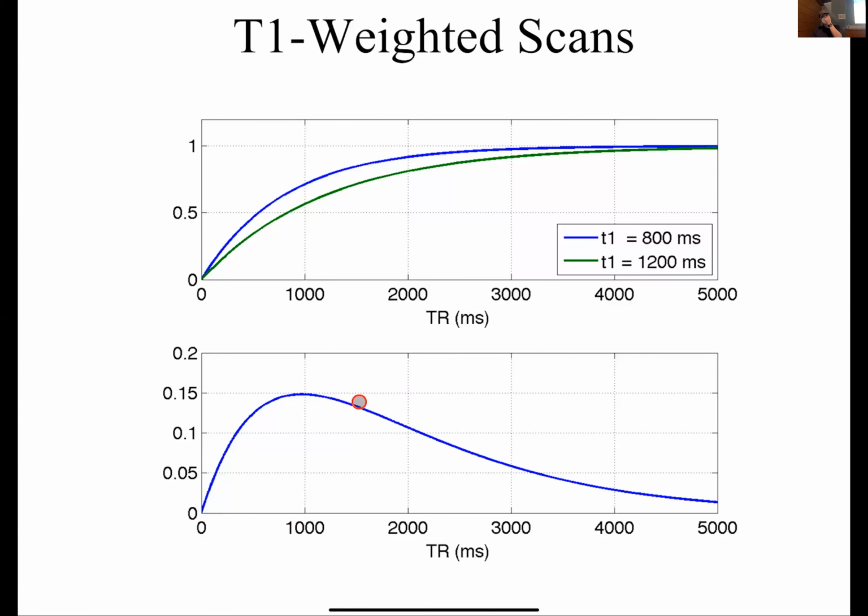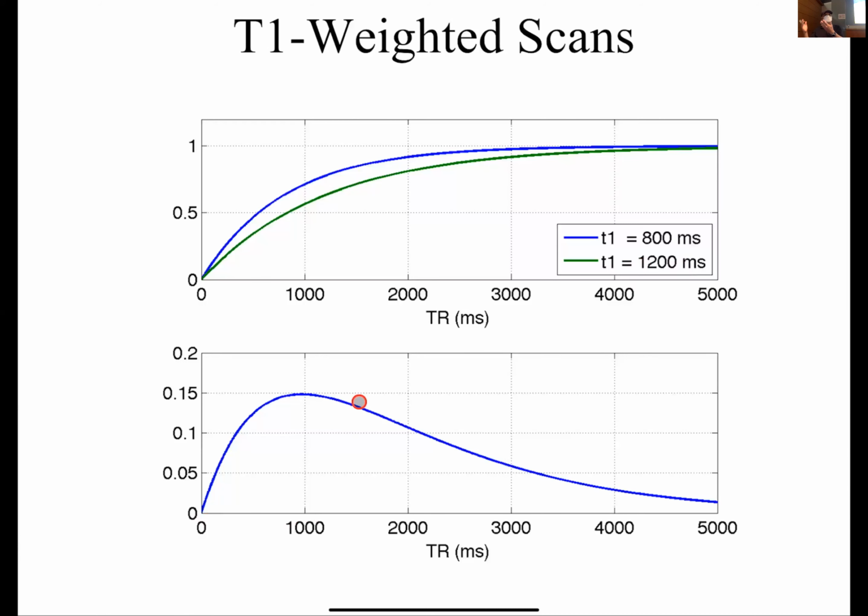Now, obviously, you weren't given a lot of information in the quiz problem, and so the question is, should you increase TE or decrease TE? You have to think about it a little bit, but basically, because we're changing T1, we're clearly more interested in T1 weighted contrast, and so we don't want anything to screw that up.